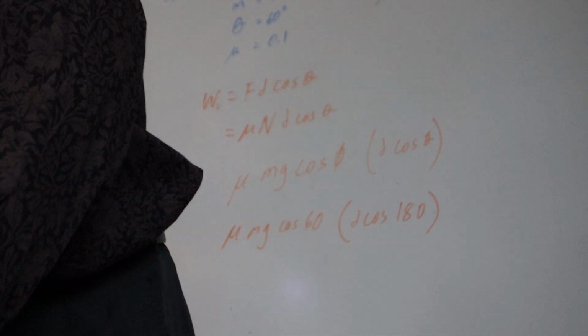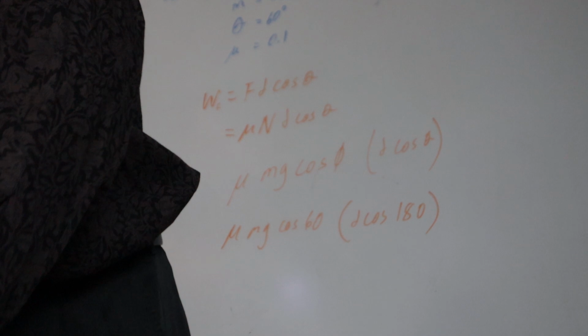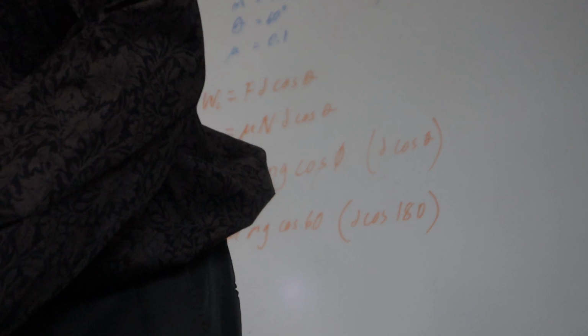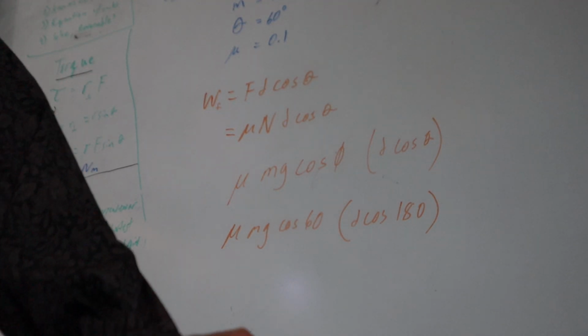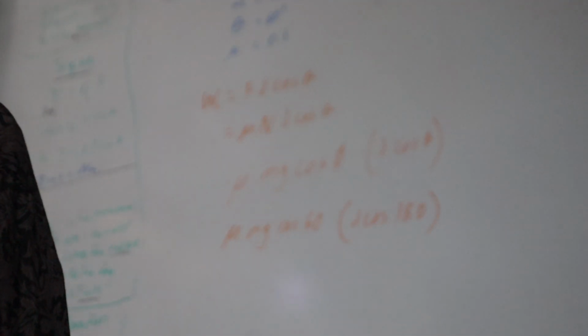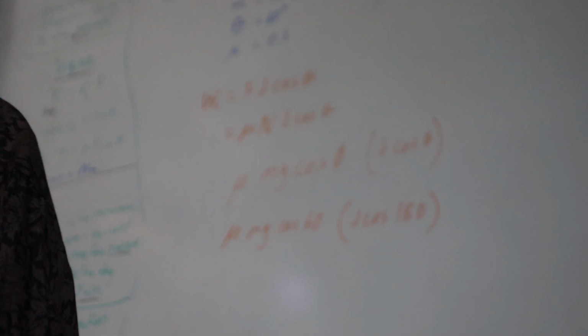Because see here is 60 degrees, but then because this is a straight line, force of friction. 120 minus 60.